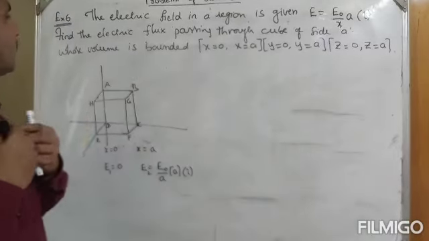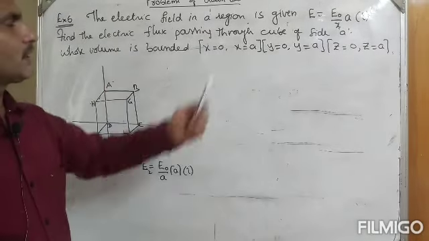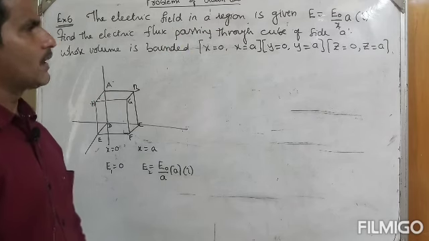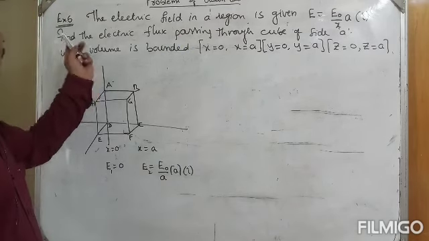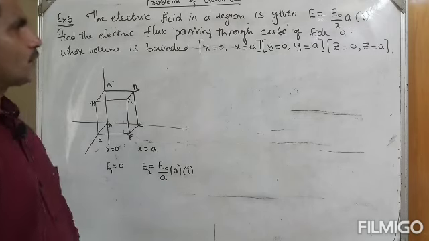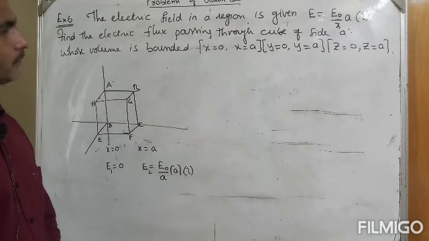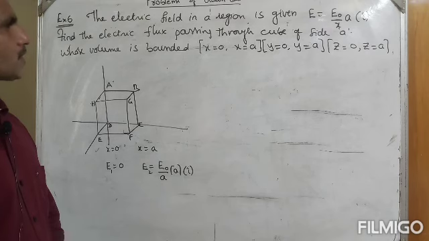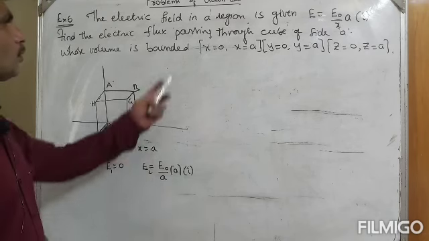In the question, see: the electric field in a region is given as E is equal to E naught x by A. Find the electric flux passing through the cube of side A, whose volume is given.